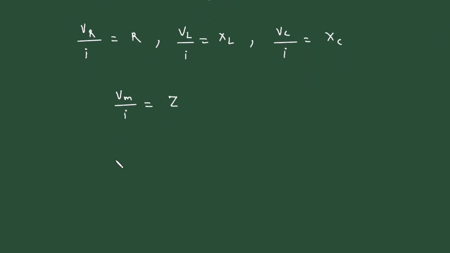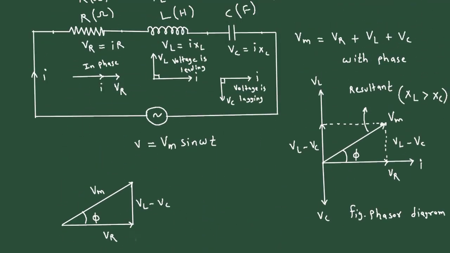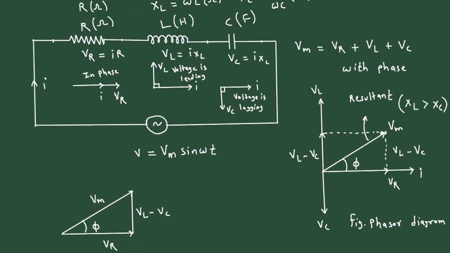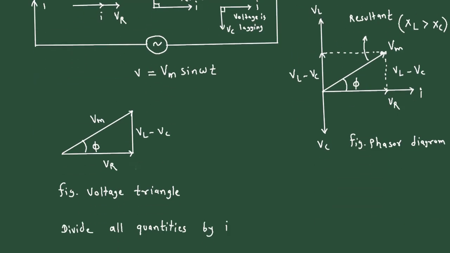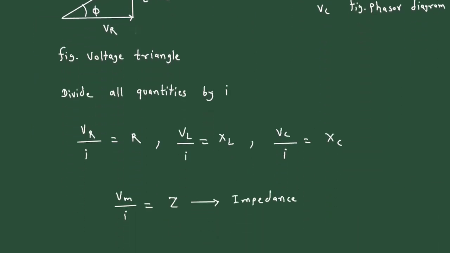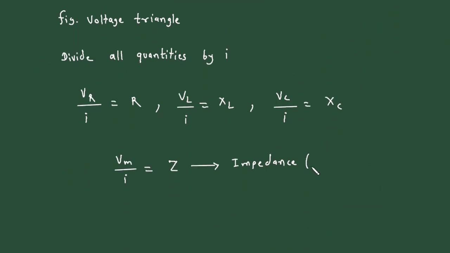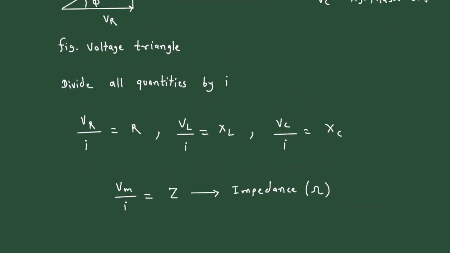So we can write Z is equal to V by I, called impedance. Impedance means total opposition to current of all these three. Whatever opposition to current is given by all of these three is called impedance, and its unit is also ohm.